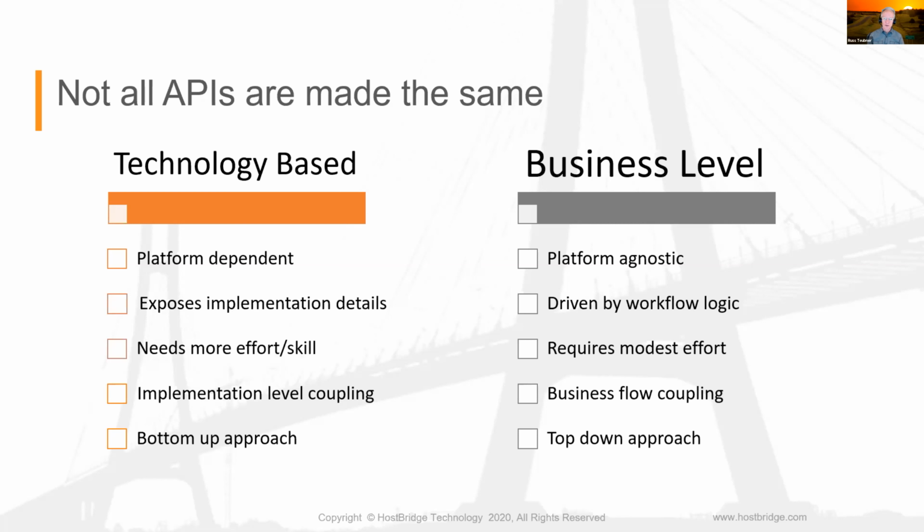Our customers would use our product, for example, to write a service that might be called Get Account Overview or Get Customer Synopsis, something that represents a higher level of abstraction and certainly completely disassociated from the implementation. So the goal is to become platform agnostic, and create an API that can be driven by the workflow.